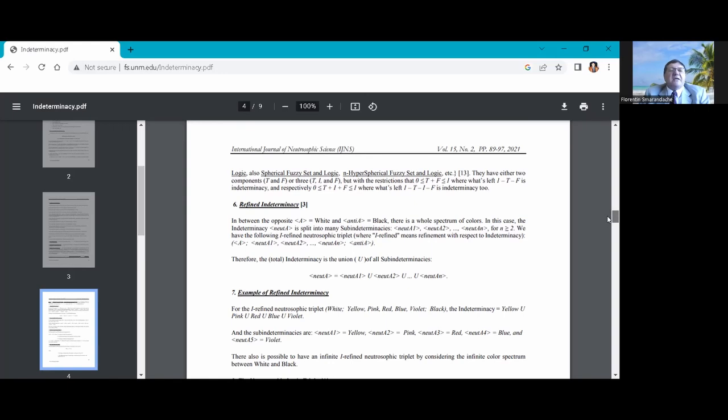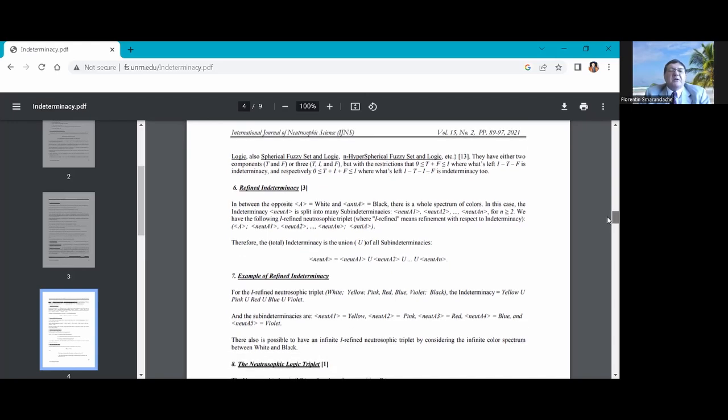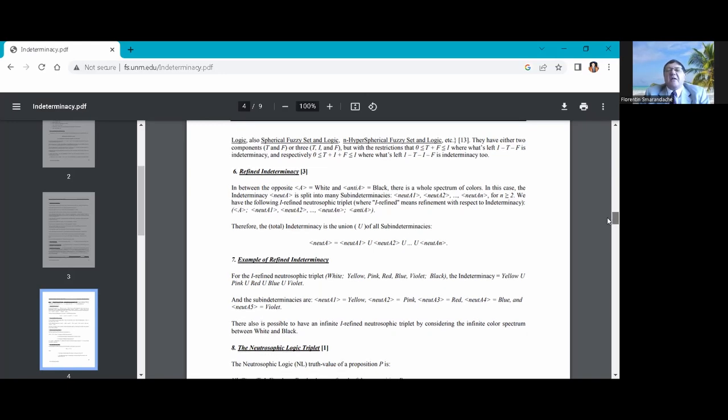Further on, I did a refined indeterminacy and refined Neutrosophic set, logic, probability, and statistics, where we could consider, for example, instead of A and anti-A, a multiple of A: A1, A2, AN, and then multiple opposites, anti-A1, anti-A2, anti-AN, and then the neutrals between them.